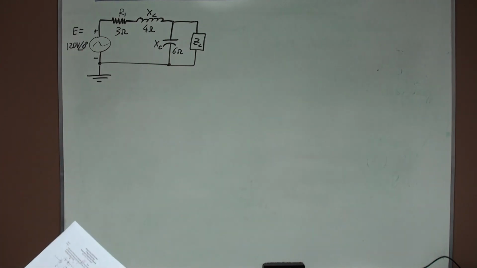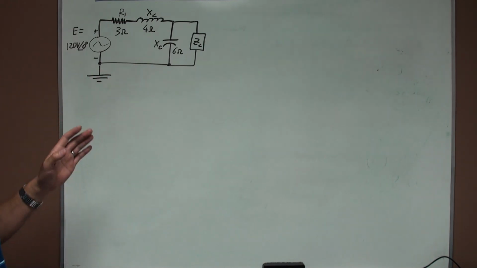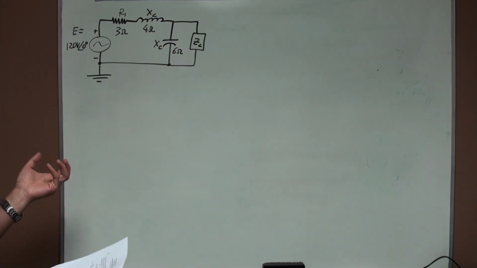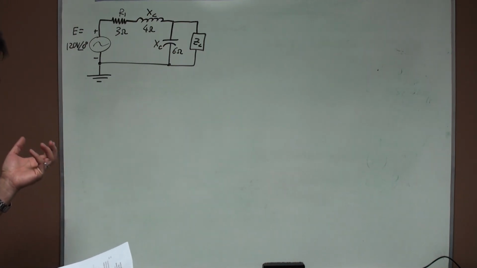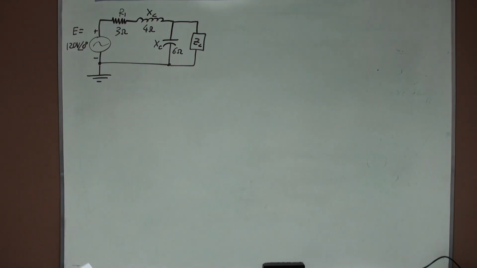So to find the load, we have to find the Thevenin impedance, calculate the maximum power to the load, and also draw the equivalent Thevenin circuit and equivalent Norton circuit. To find ZL for maximum power, first we have to find the Thevenin impedance.